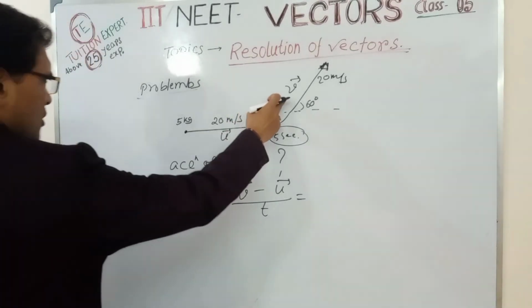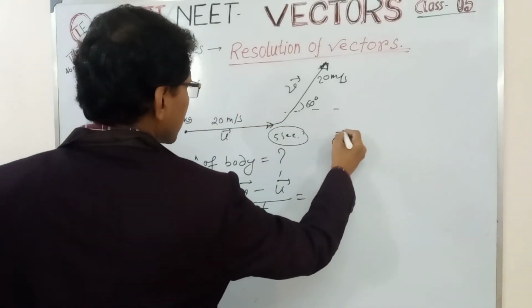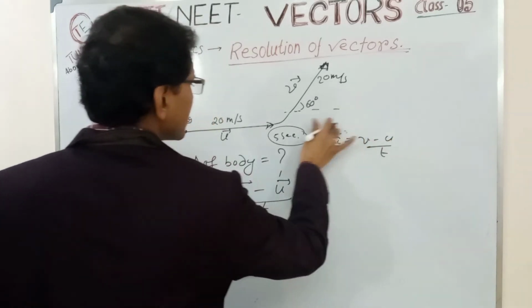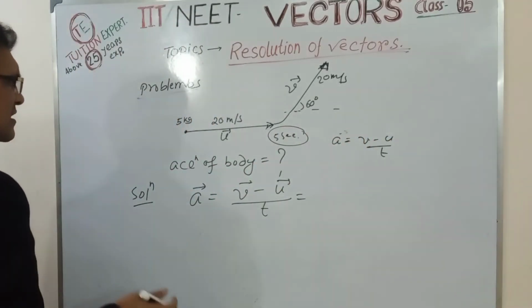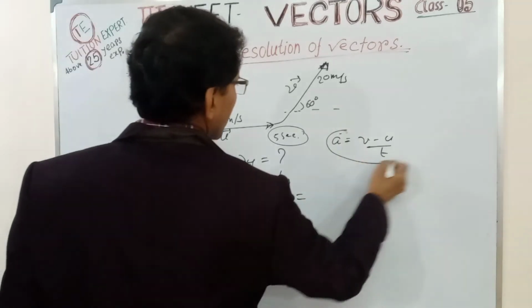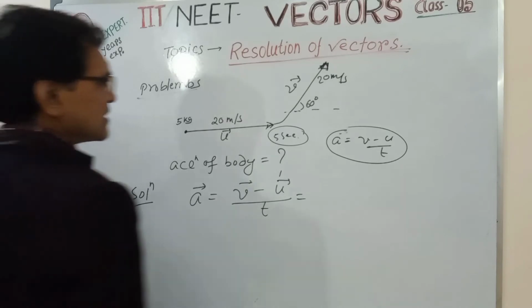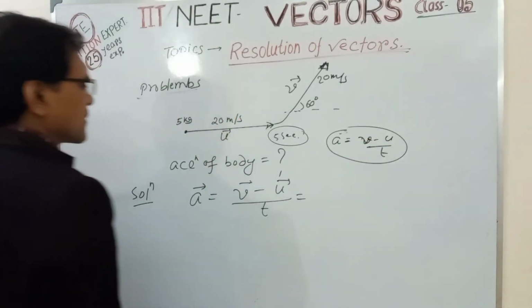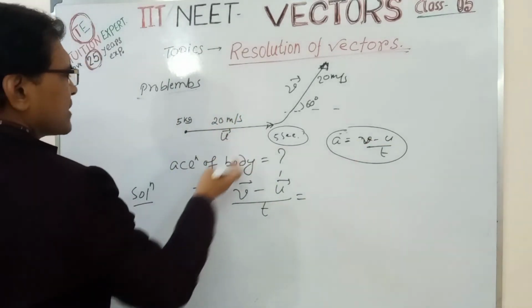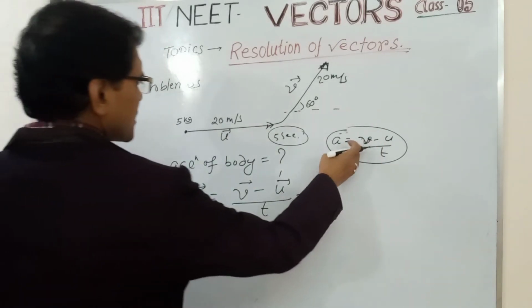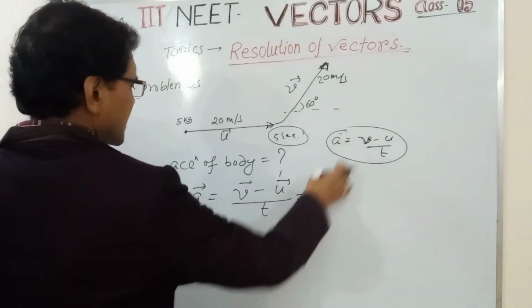Here we cannot use the scalar formula a equals v minus u by t, because the direction changes. We use this formula only when the body moves along a straight line. But velocity is a vector and its direction changes, so we cannot use this formula here.